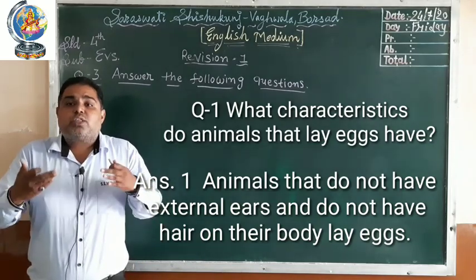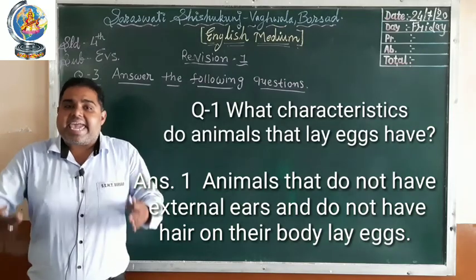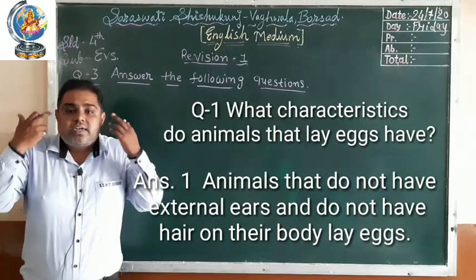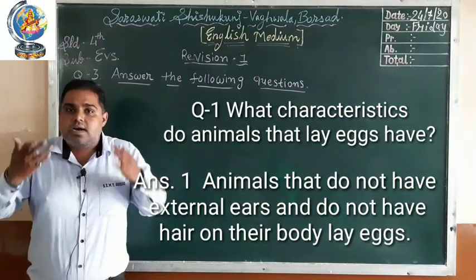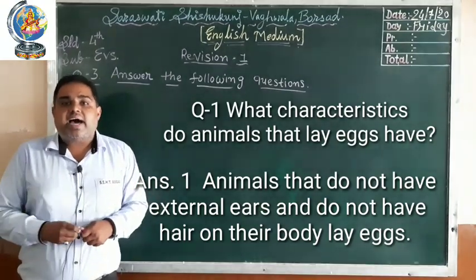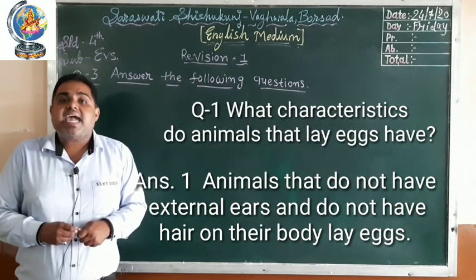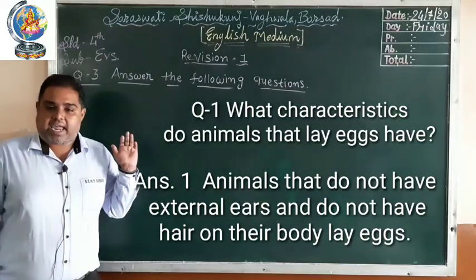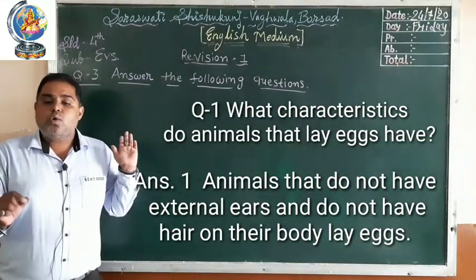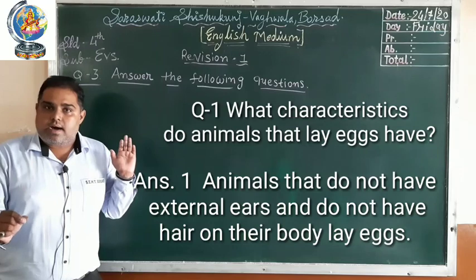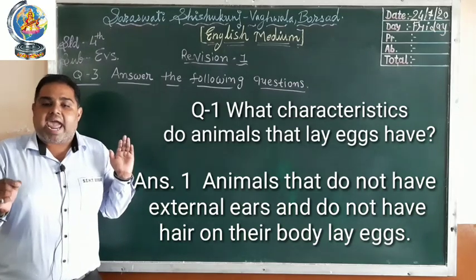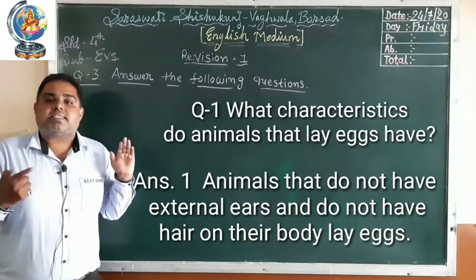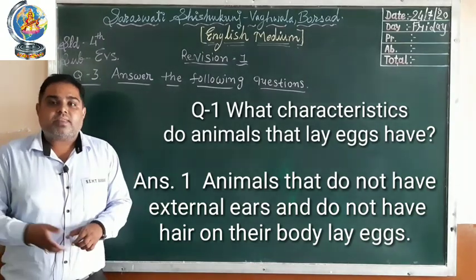Their ears also we cannot see, they do not have external ears. That is why those animals lay eggs. Let me repeat the answer again: animals that do not have external ears and do not have hair on their body lay eggs.